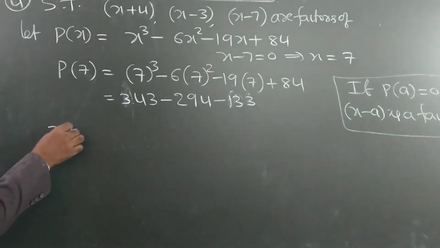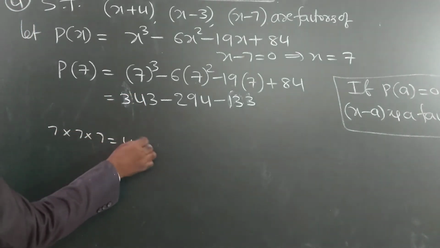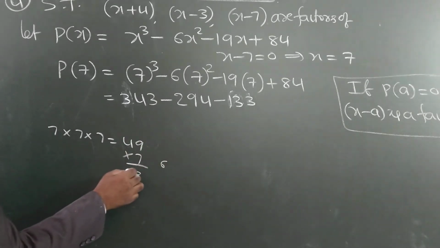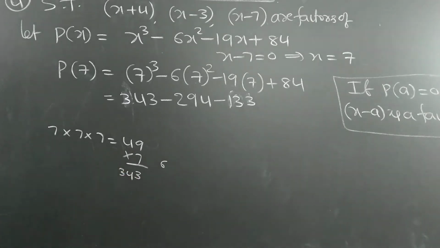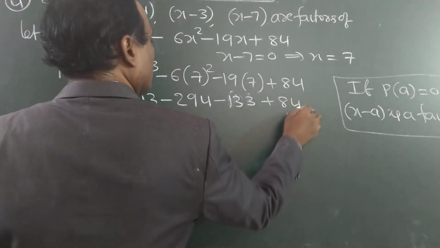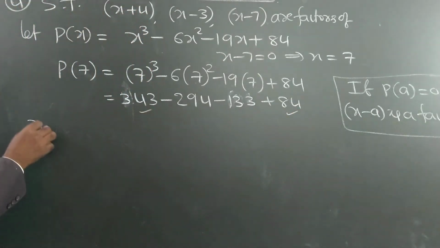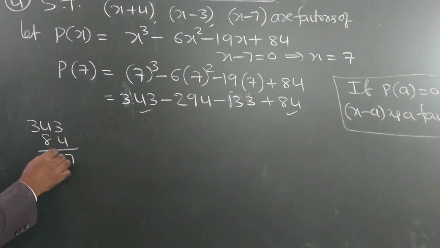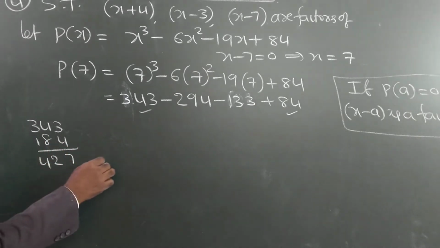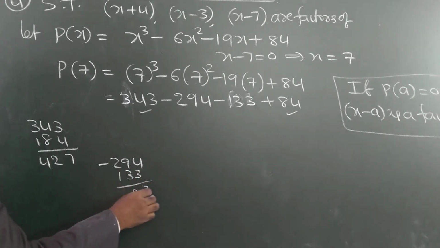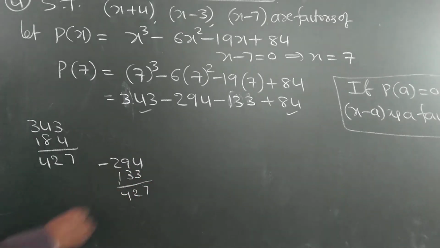Seven cube, 7 into 7 into 7, 49 into 7. Plus terms you add, minus terms you add, 0.